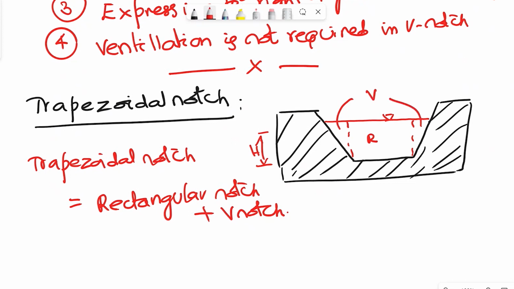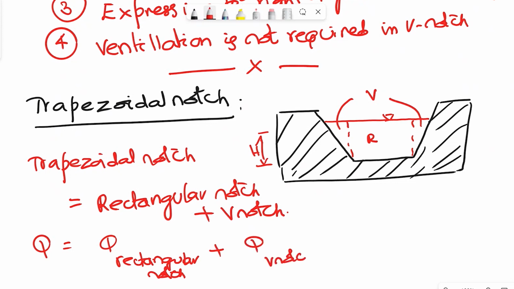So using this, what is the discharge in the case of a trapezoidal notch? It is the discharge through the rectangular notch plus the discharge through the V notch.